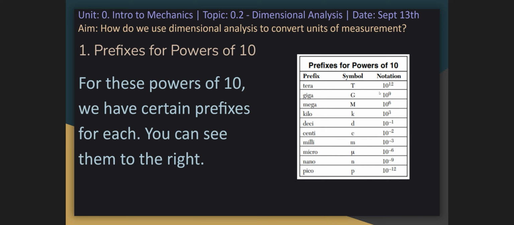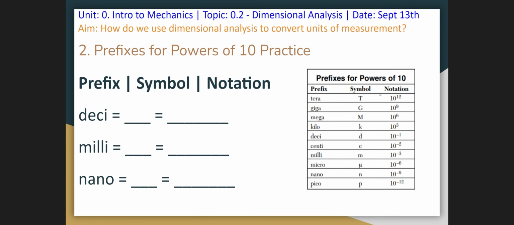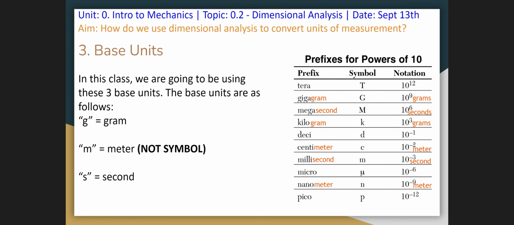They all have a symbol associated with them, either capital or lowercase, and they have a notation with them as well. For example, deci has a symbol lowercase d, and its notation is 10 to the negative 1. And milli is the symbol m, and the notation for milli is 10 to the negative 3.